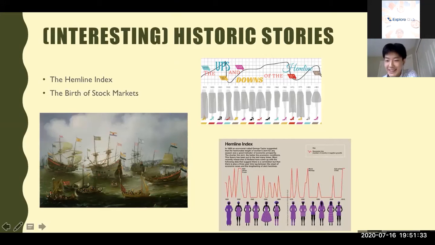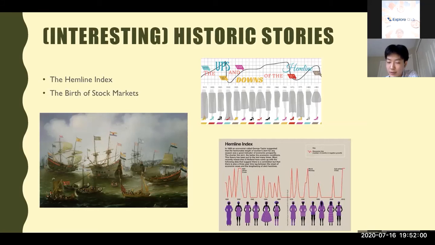This theory is about how when women's dresses get shorter, the economy of that country is booming and the stock markets are going well. But when the stock markets crash and the economy crashes, the dresses become longer, so the hemline becomes lower. And this is actually true.